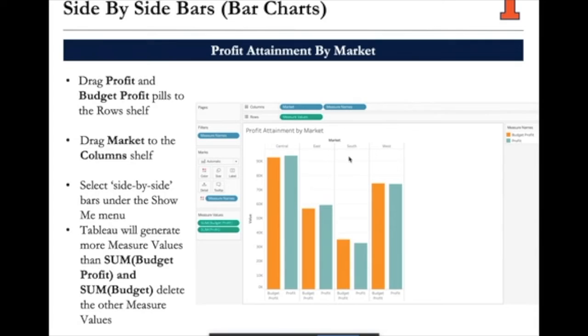As you can see here, every market but the South attained their budgeted profit. So this is a way, again, to make the numbers come to life. I could give you a number, but it's much nicer and honestly easier to see it in this bar graph format.